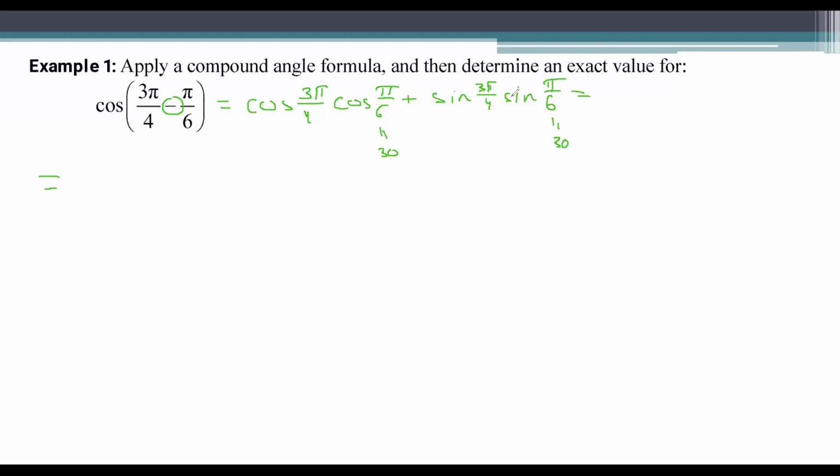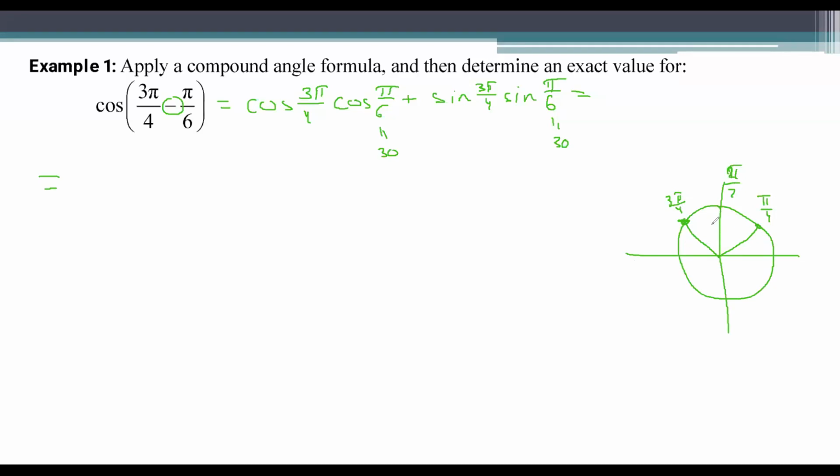If pi over 4 is 45 degrees, then 3 pi over 4 would be 135 degrees. So basically, on the unit circle, pi over 4 is here. Then this is 2 pi over 4, or pi over 2. And then here would be 3 pi over 4.